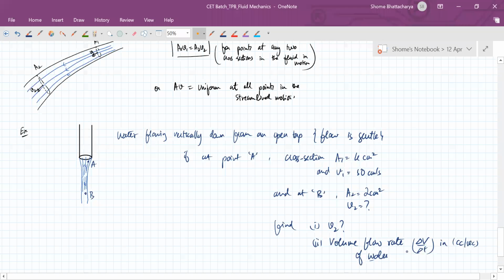What is the rate at which water is flowing in this particular case from the tap as water is flowing down? That is the number of cubic centimeters per second of water that is flowing through that pipeline. Just try this out.